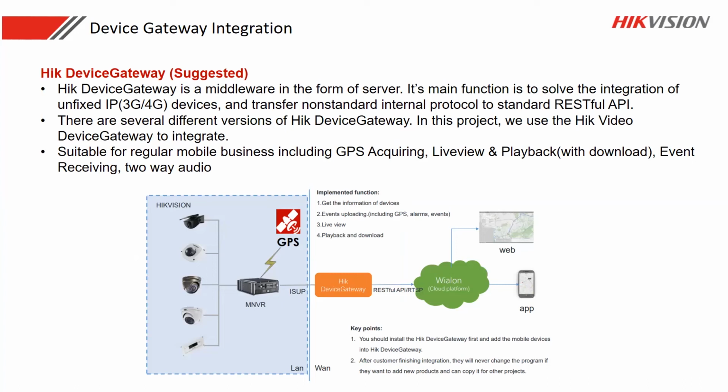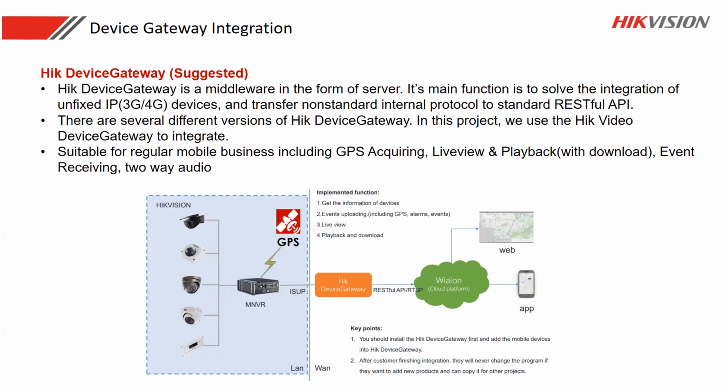So basically, Hikvision device gateway is a middleware in the form of a server. It provides the functions to allow unfixed IP devices to register on your platform. And it also transfers the non-standard internet protocol to a standard RTSP style API.